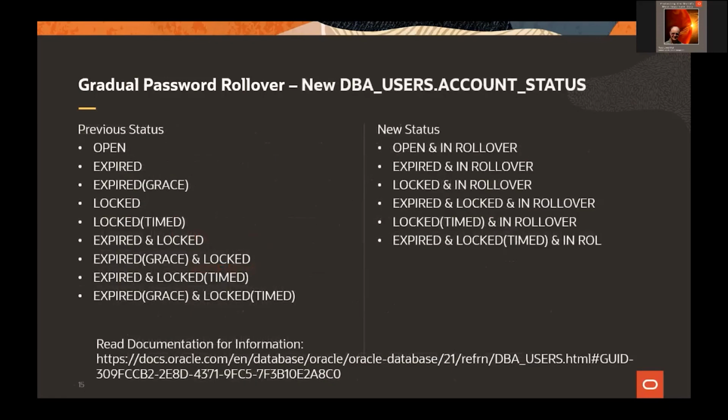So I mentioned that account status has some new statuses. Previously, we've had 9. We have 6 new ones, all to do with rollover. And instead of spending time on this call on each of these new statuses, they're actually really well explained in the documentation for DBA_USERS. Now, most often they'll be between open and in rollover.